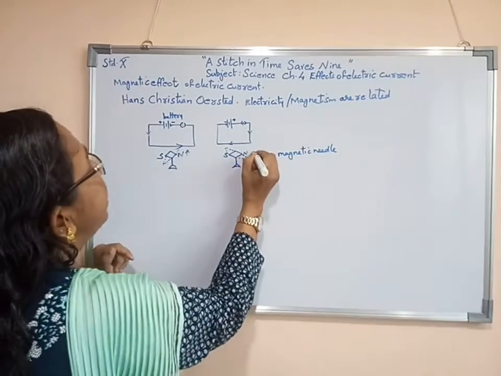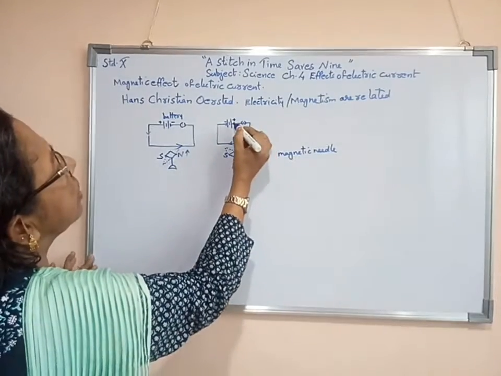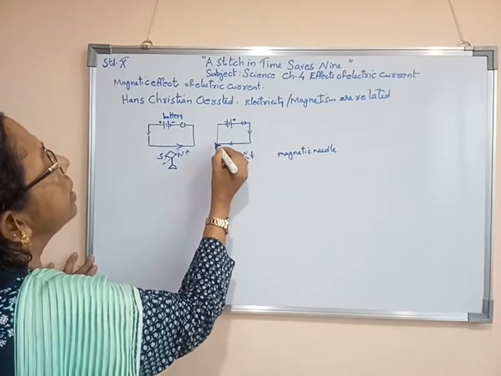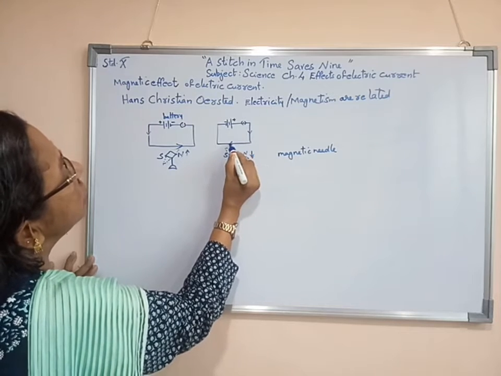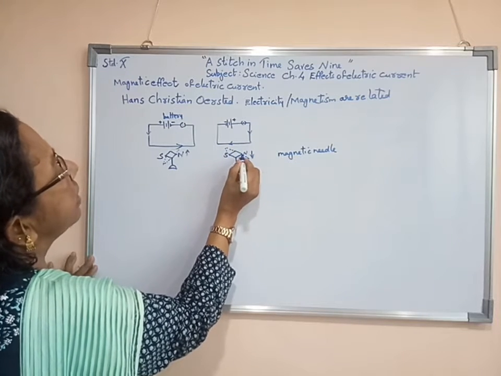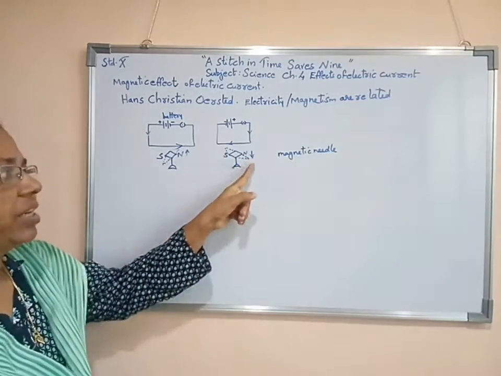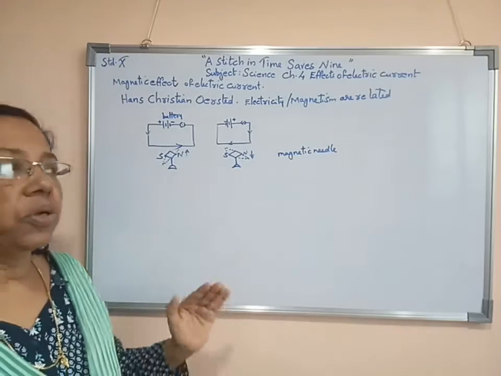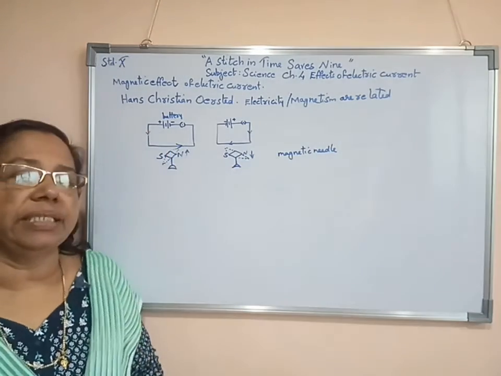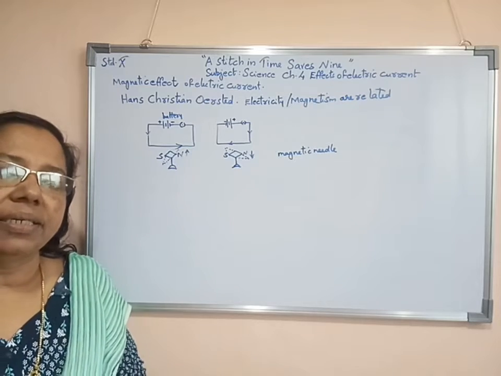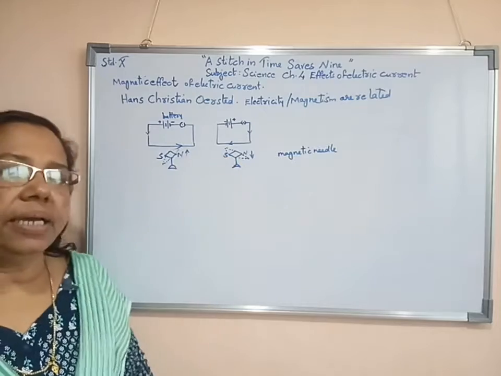So the north pole of the magnet moves downward. From this we can say that as current flows through the circuit, deflection occurs in the magnetic needle.